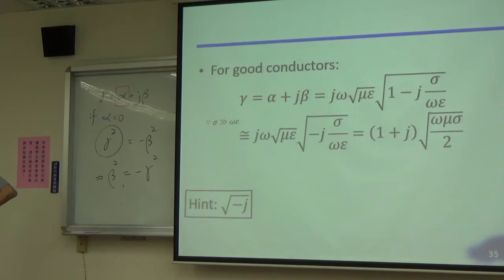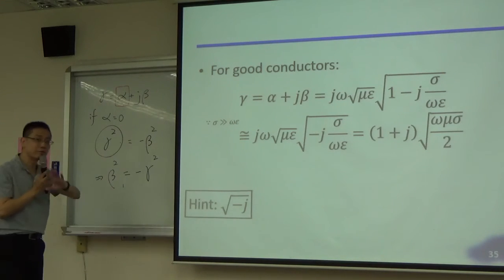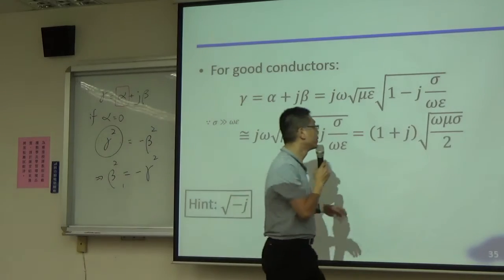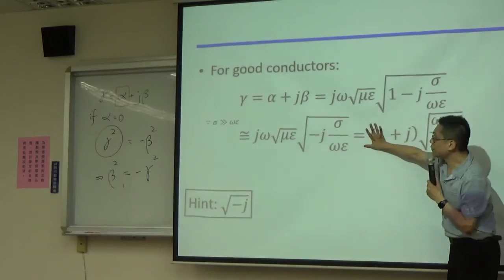Easy question, 5 points. Omega mu sigma over 2. Take a square root. 5 points. Easy. This is alpha.